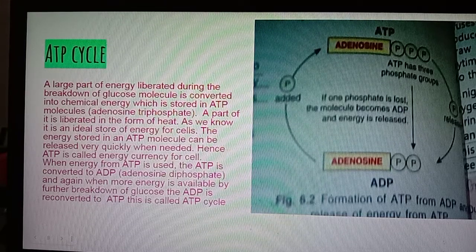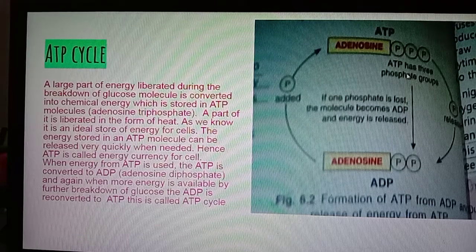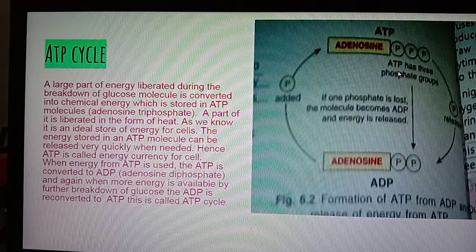So when energy from ATP is used, means when we need energy, the ATP is converted into ADP. ATP has three phosphate groups, that is adenosine triphosphate. When we need energy, one phosphate is lost and the ATP molecule becomes ADP, adenosine diphosphate.